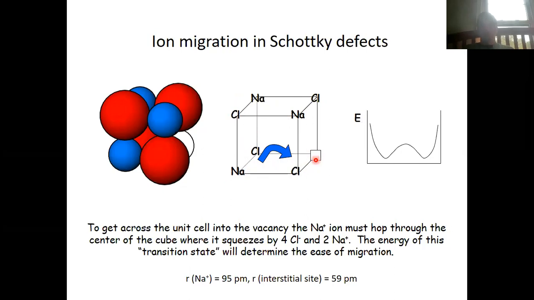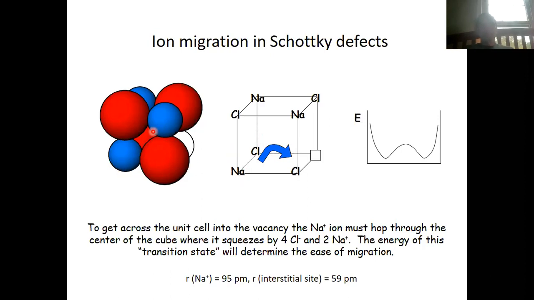All right. So now, in order for ion conductivity to occur, a sodium ion must migrate from one site to a vacancy. Okay, and it will migrate through the path of lowest resistance. Okay, so therefore it will actually squeeze through the space inside of that cube.